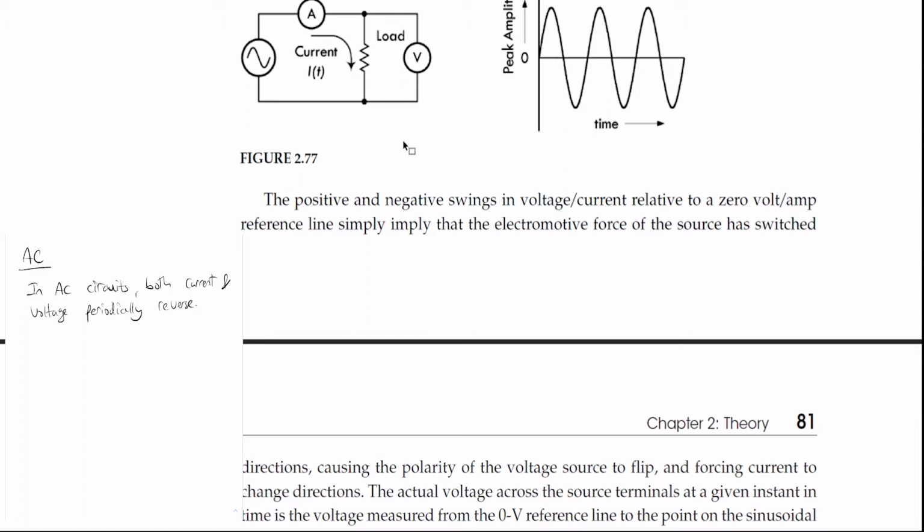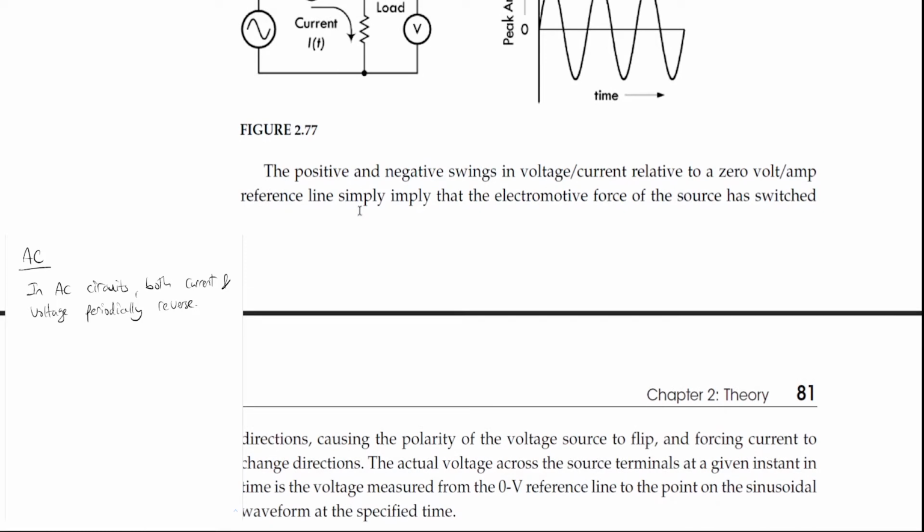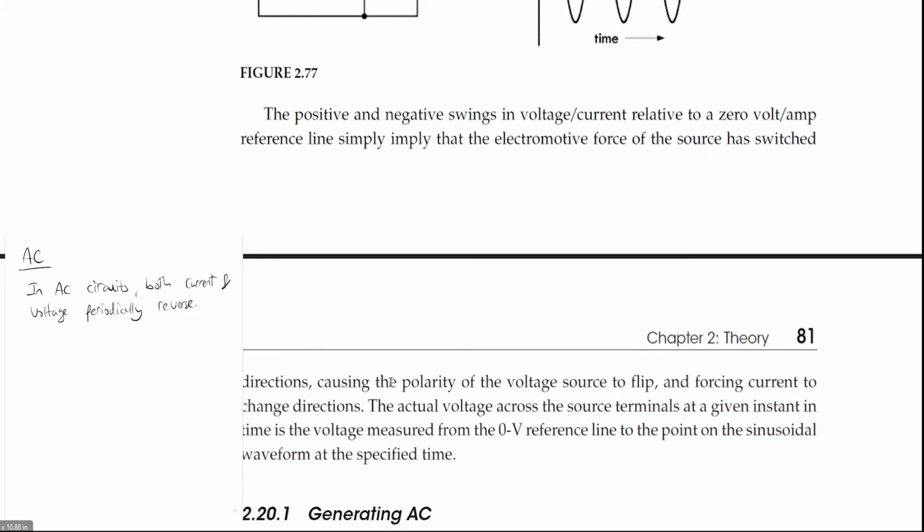Okay. The actual voltage across the source terminals at a given instant in time is the voltage measured from the 0 volts reference line to the point on the sinusoidal waveform at a specified time.